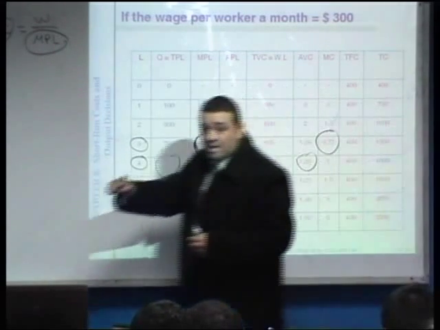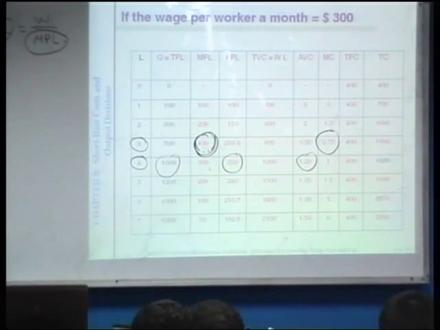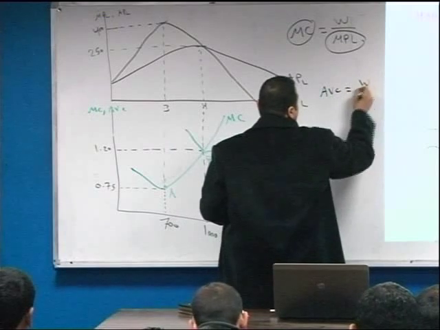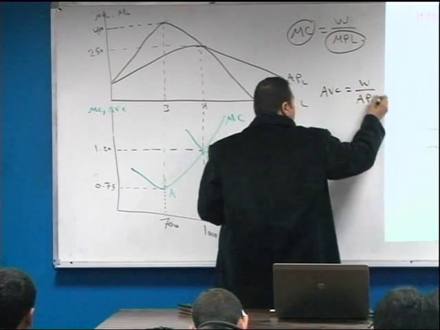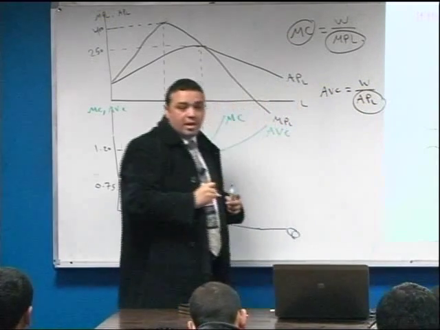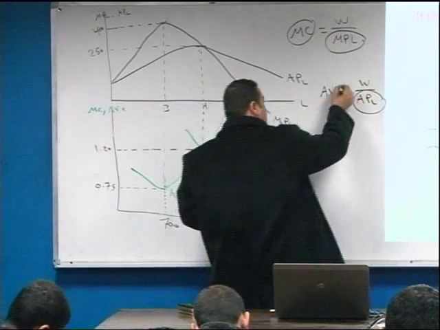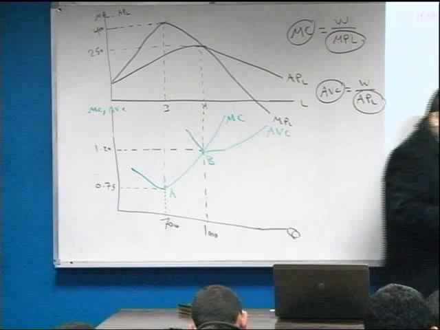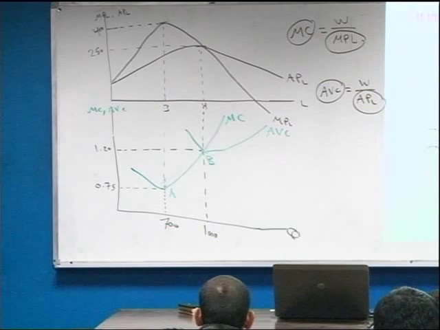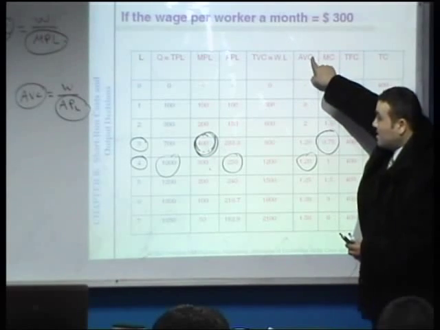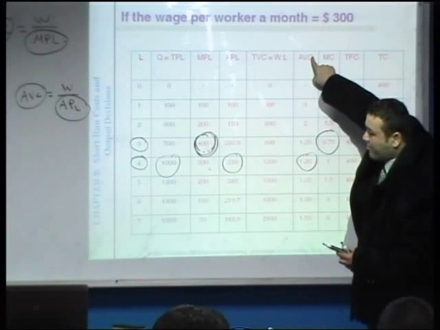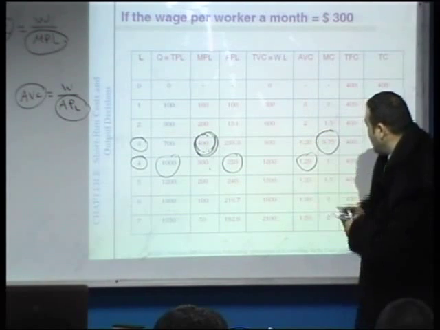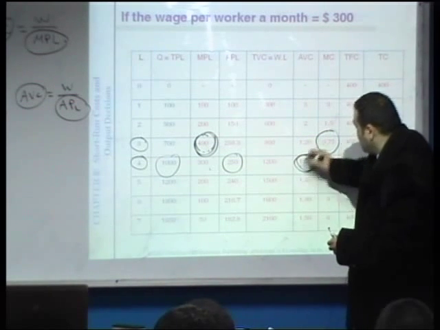And the same for the APL and AVC. As we mentioned, AVC equals W over APL. So the highest value of APL is the smallest value of AVC. Let's come back to the AVC and APL. Where is the smallest value of AVC? 1.20.